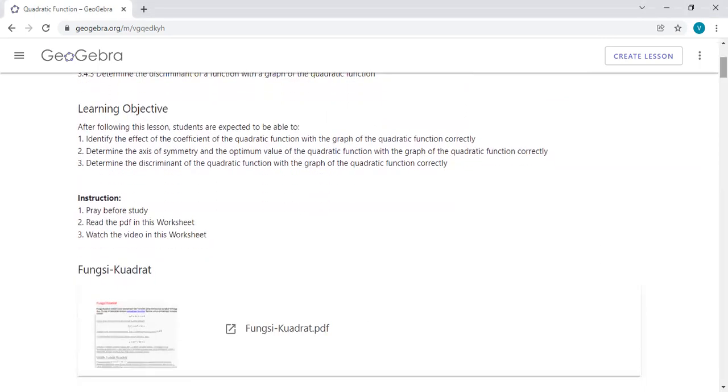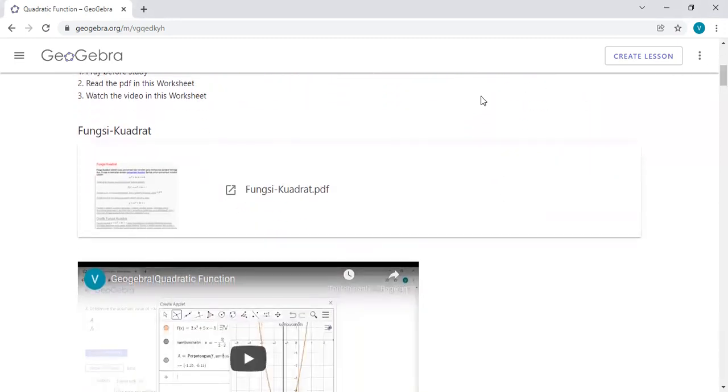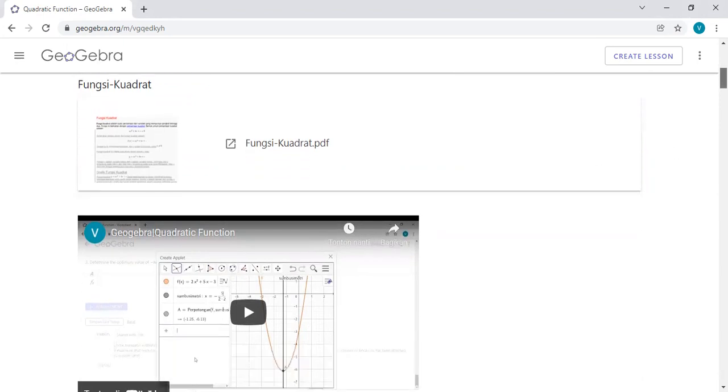After that, I also build the instruction. In this product, I give the PDF that is related to quadratic function, so the students can read it first, the material from this file.